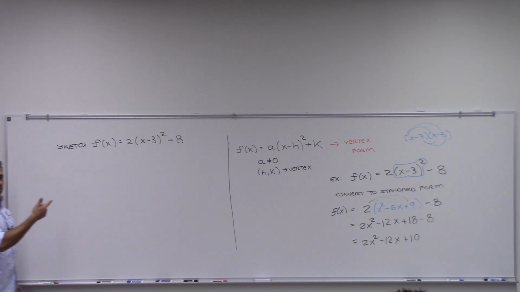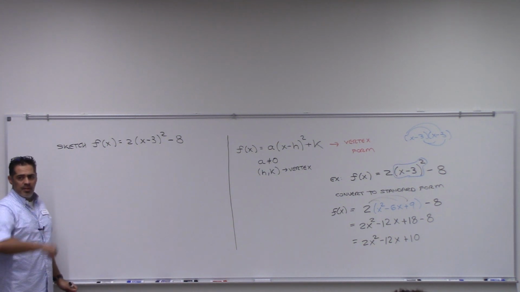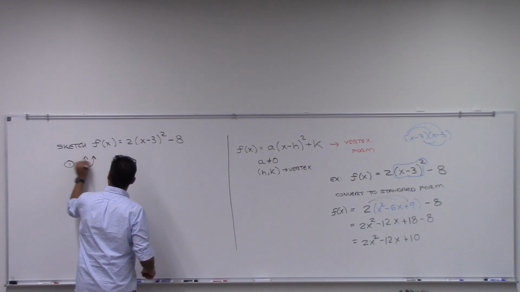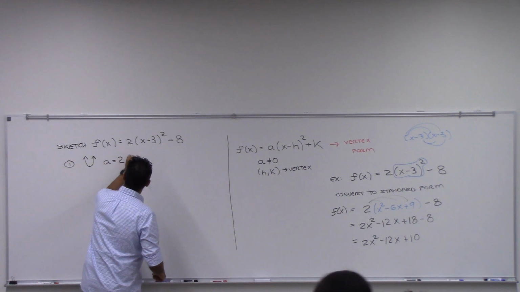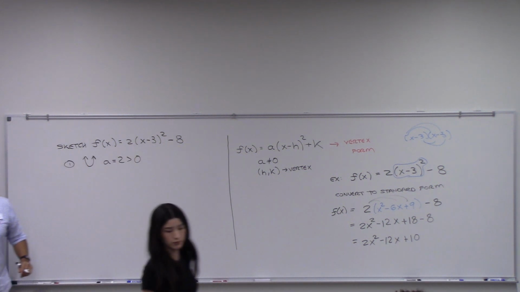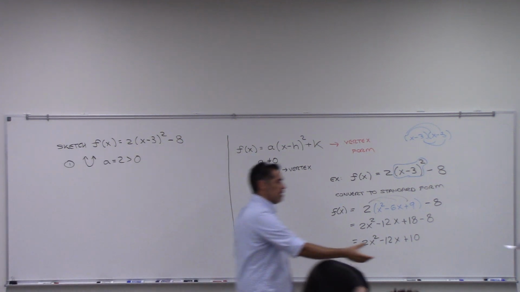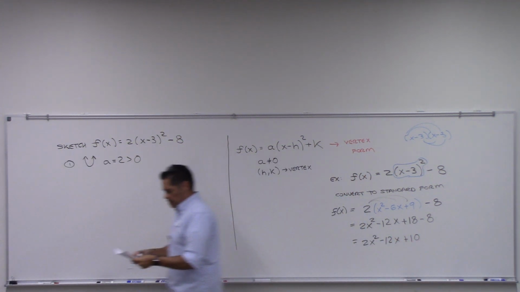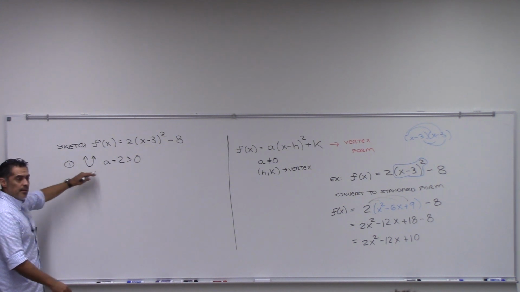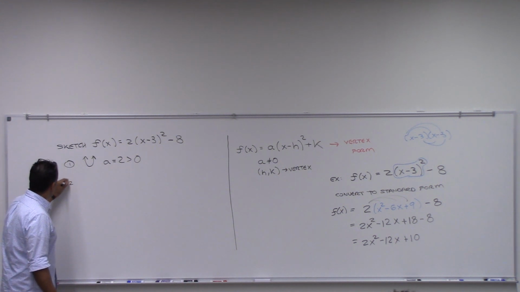All right, so I want to sketch f of x equals 2 times x minus 3 squared minus 8. First step, does it open up or down? It opens up because a is 2, which is bigger than 0. Second step, find the vertex.